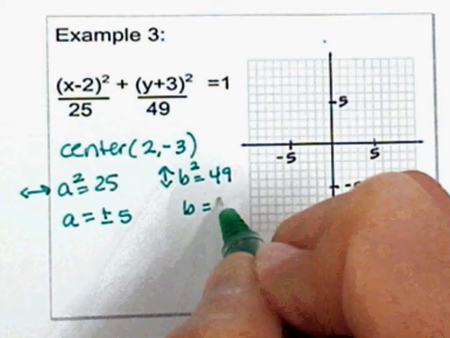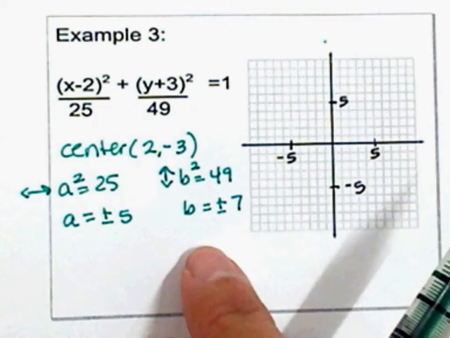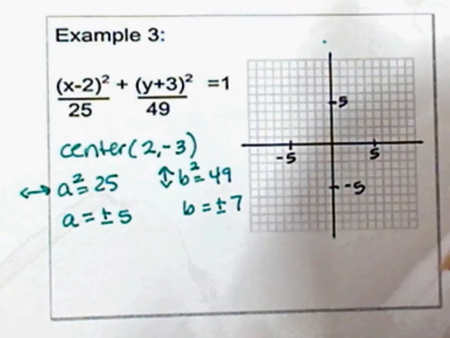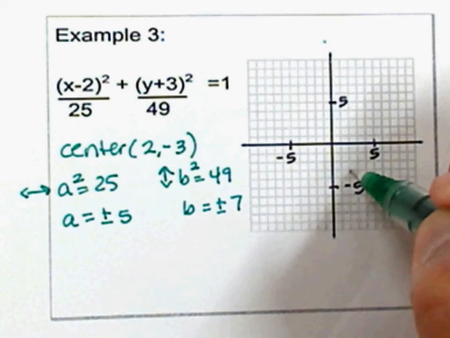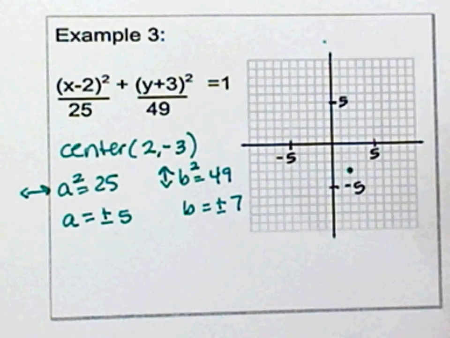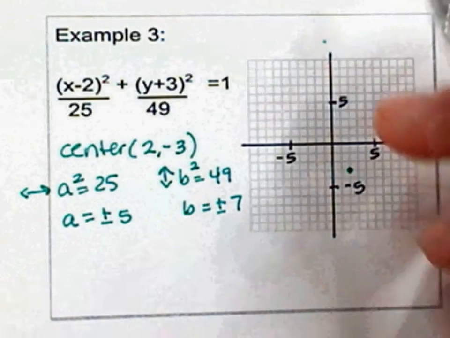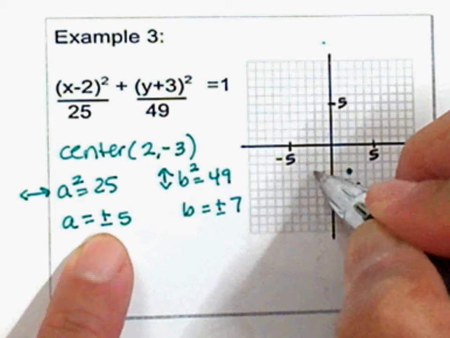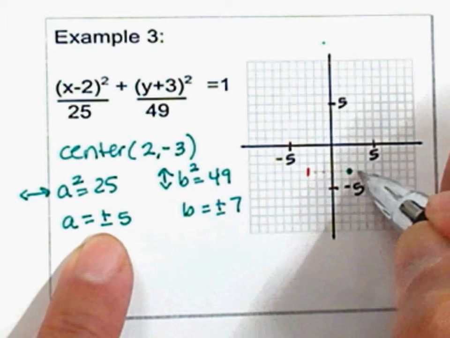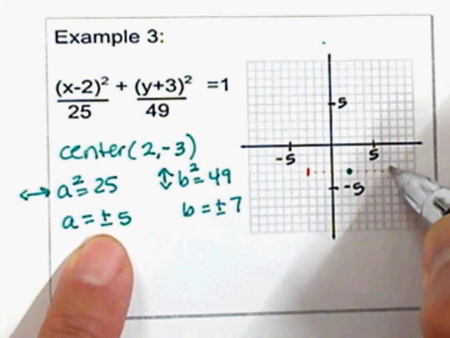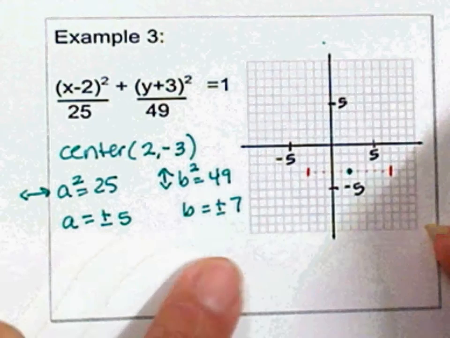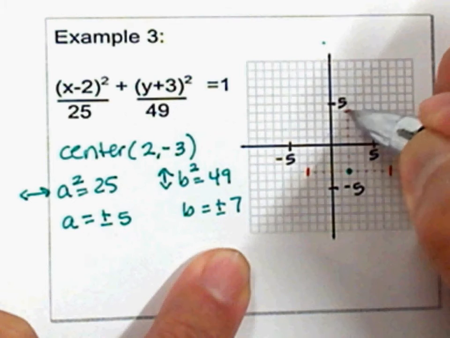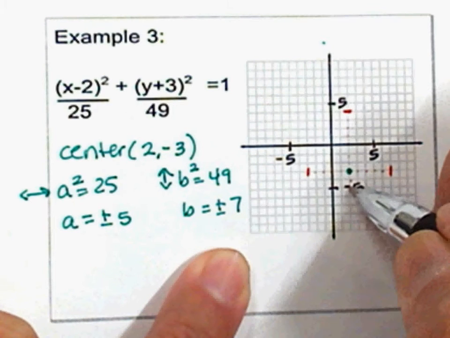You can use a decimal anytime. It's easier to graph with a decimal. All right. Your center is positive 2, negative 3. From your center is where you move. A, left and right, 5. 1, 2, 3, 4, 5. Your B up 7. 1, 2, 3, 4, 5, 6, 7.